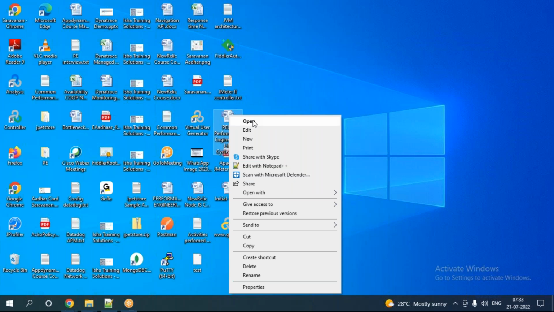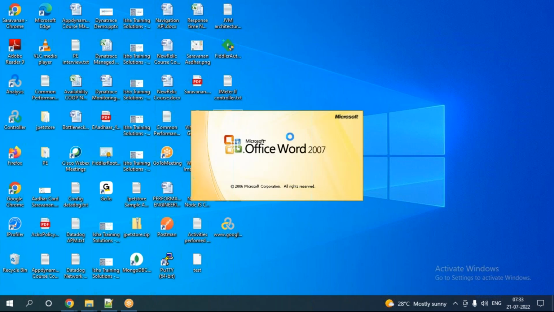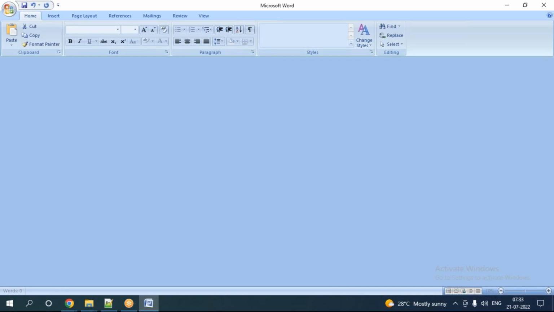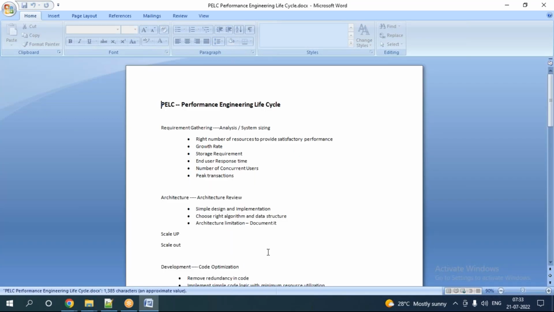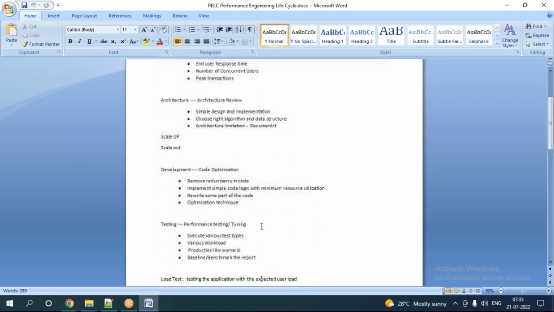Then on the architectural review side, when developers are doing certain reviews, what performance engineers focus on. Something like scale up, scale out, all those concepts we discussed.